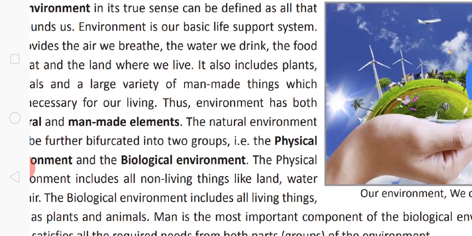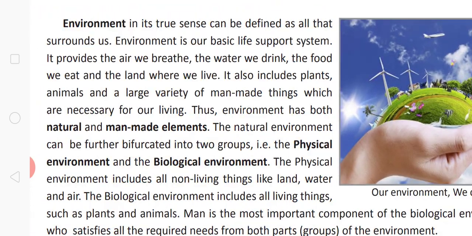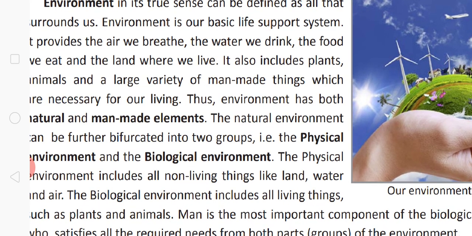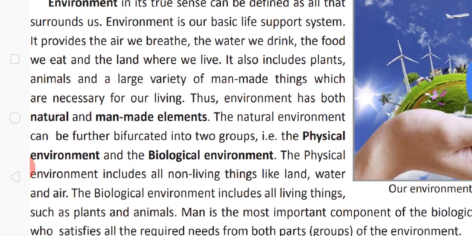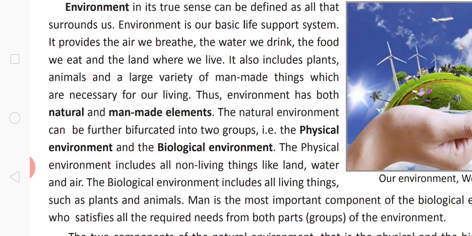It includes plants, animals, and a large variety of man-made things which are necessary for our living. In other words, anything which is very important for us to survive is our environment. Thus, environment has both natural and man-made elements.